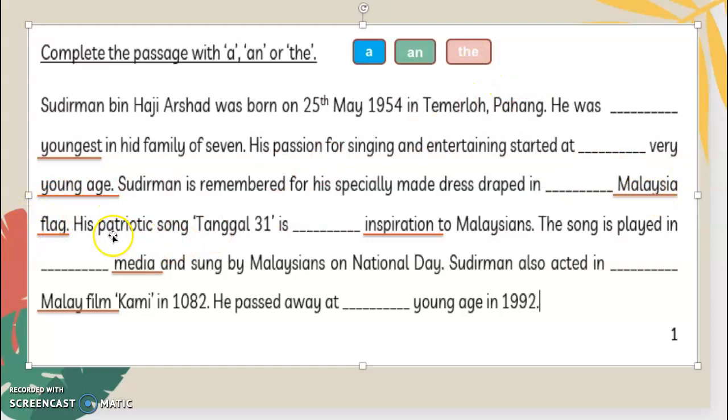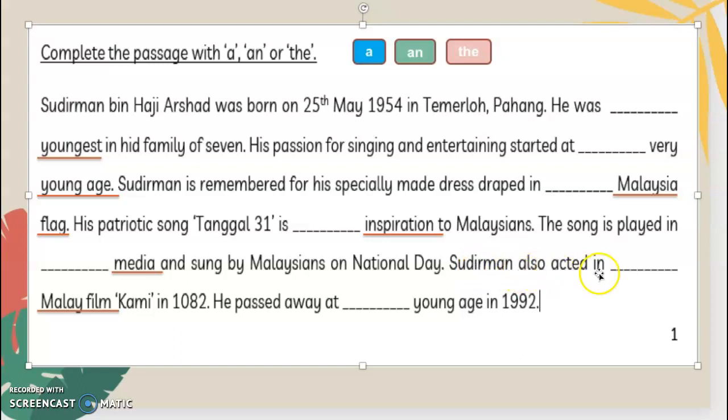Because it's very specific which flag, the Malaysian flag. His patriotic song Tanggal 31 is, this one starts with I, A, E, I, O, U, so you have to put an inspiration to Malaysia. The song is played in the media and sung by Malaysians on National Day.